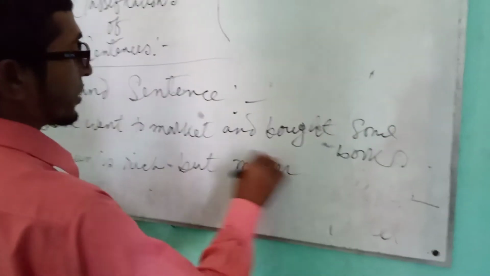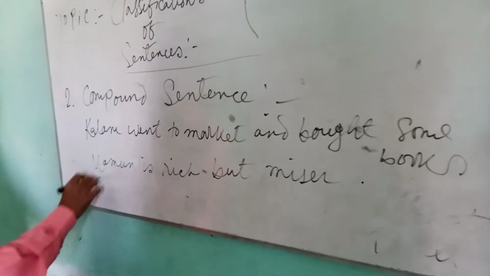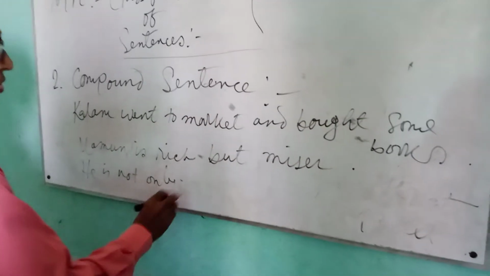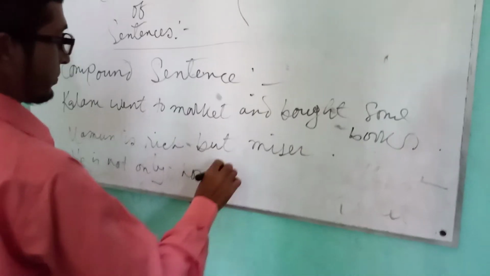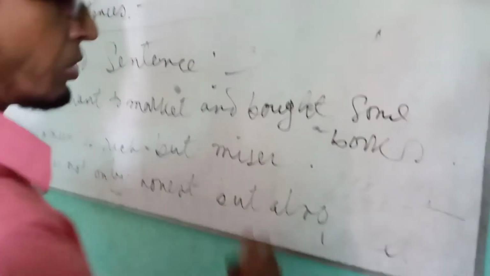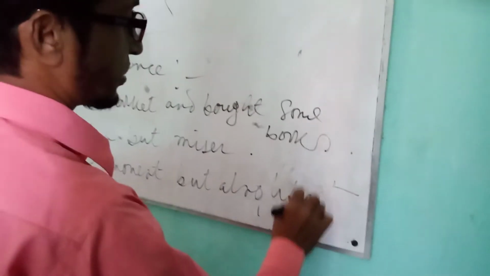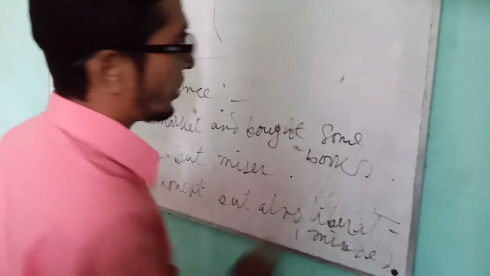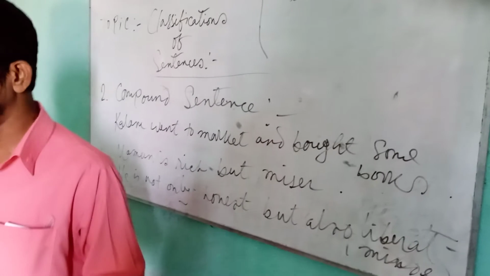Okay. Similarly, he is not only honest but also liberal minded. Okay, liberal minded. So these are the instances of compound sentence.